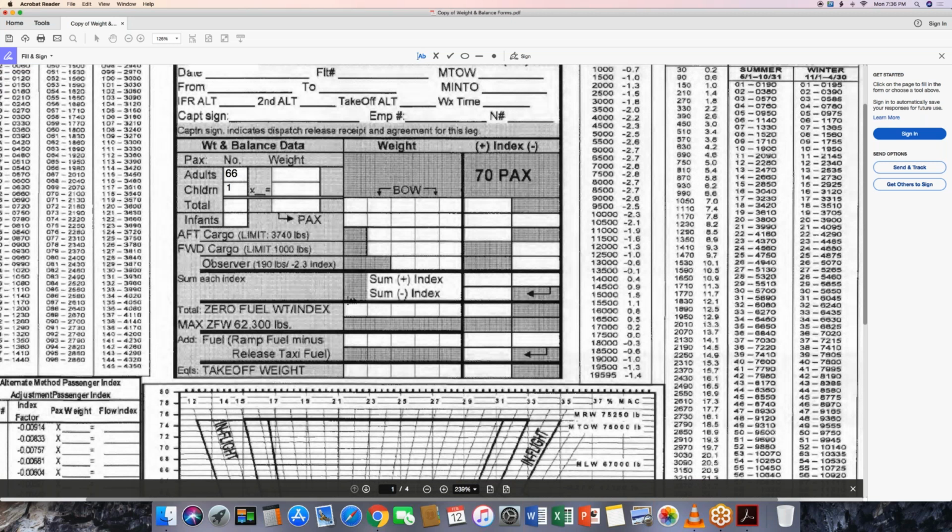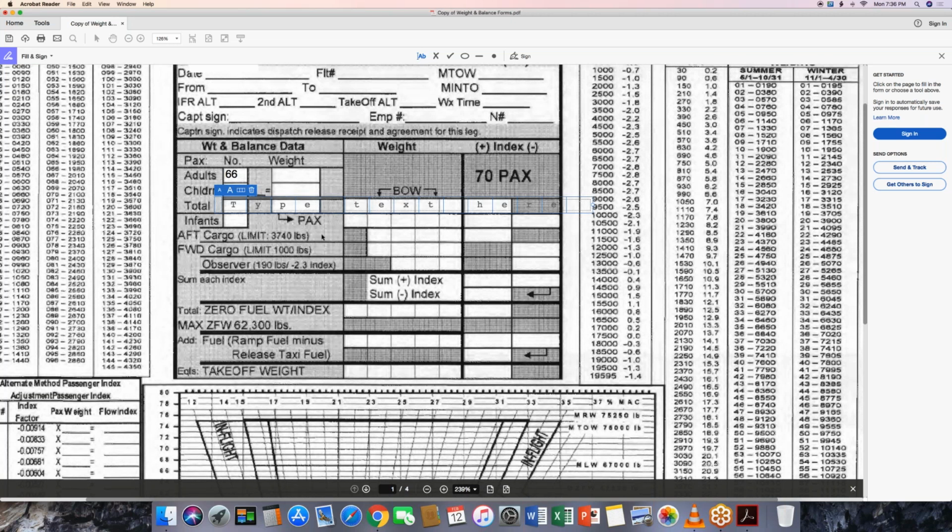Okay, so we got 66 and 1 here. And then we had 115 bags, right? Yes. Okay. So who wants to give me the weight for the adults?